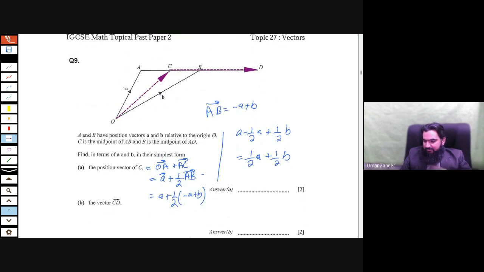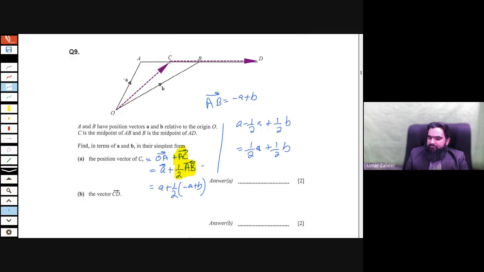All right, so we already found the value of AC. What is the value of AC? AC is equal to half of AB, or CB is equal to half of AB. That will be equal to 1 by 2, the value of AB, minus a plus b.